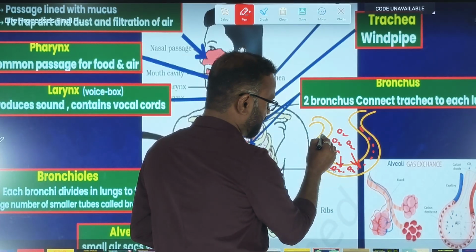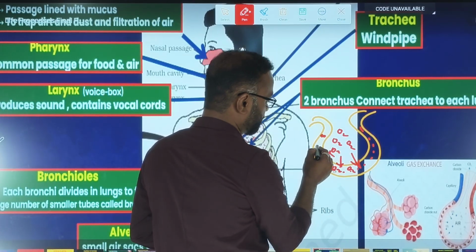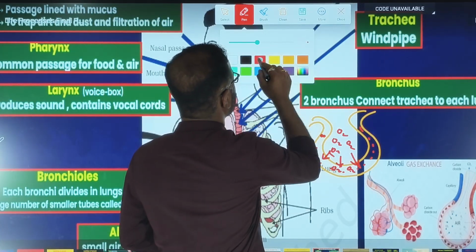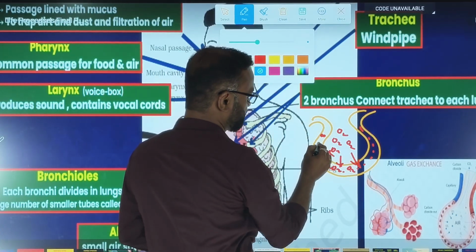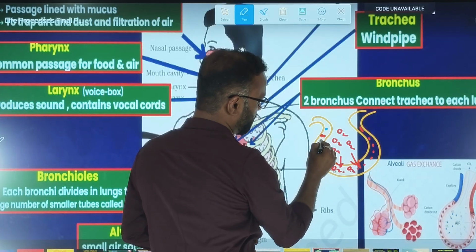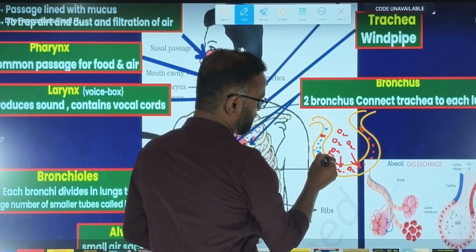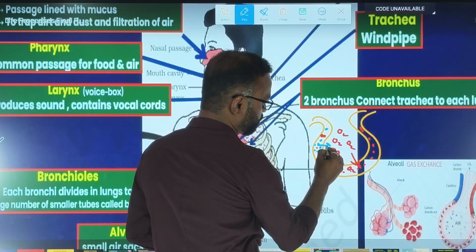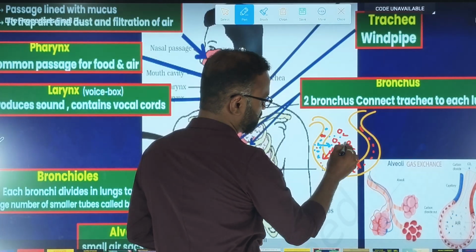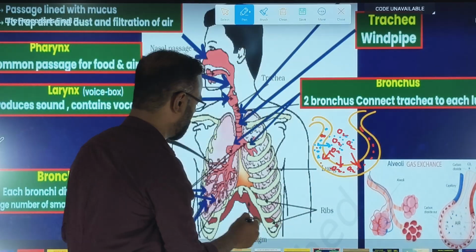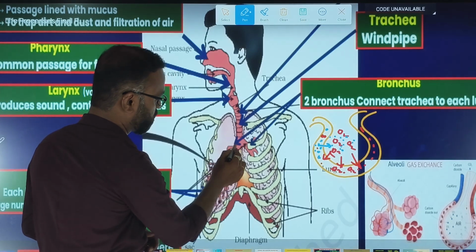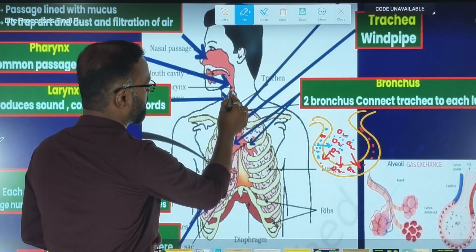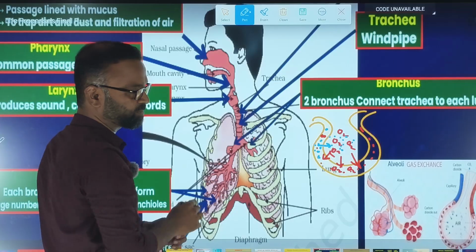When the carbon dioxide level increases inside the blood, then what will happen to that carbon dioxide? It starts moving from higher concentration towards the lower concentration of the alveoli. From the alveoli, it will go to the bronchioles, bronchi, trachea, then it will be expelled out.